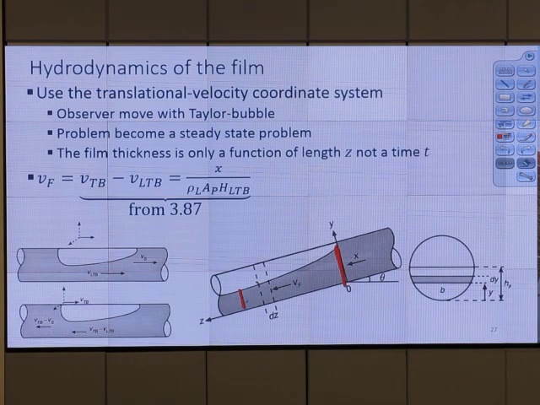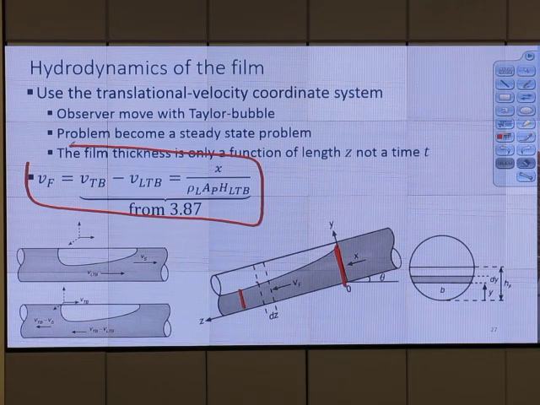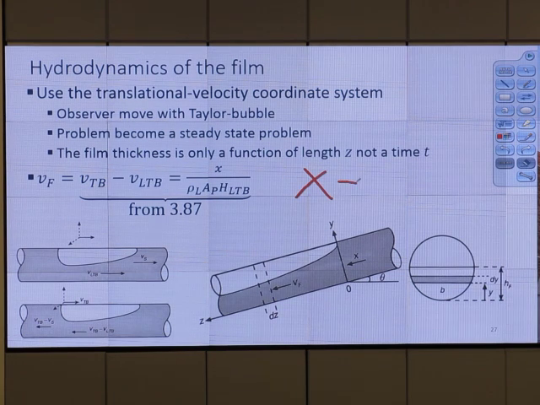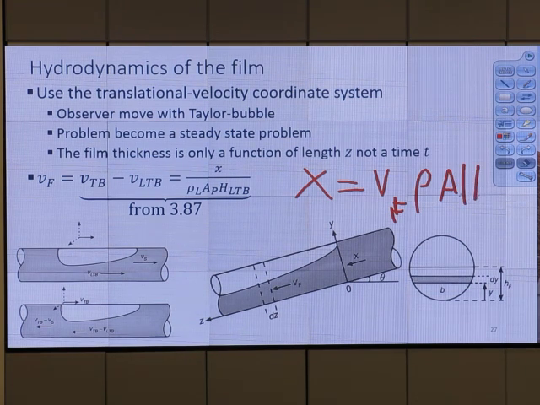Okay, so this is why it becomes faster and faster. And in fact, we basically have this equation: x equals delta v, which is VF, multiplied by rho A HLTB, right?